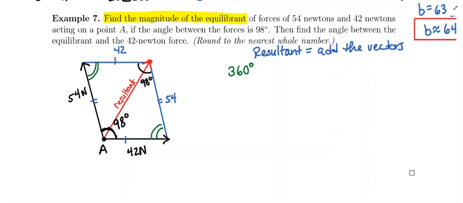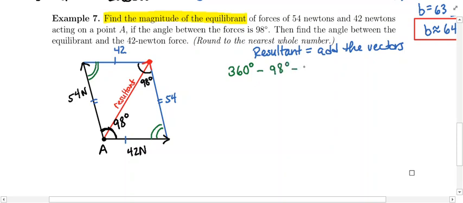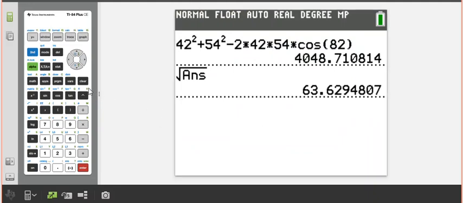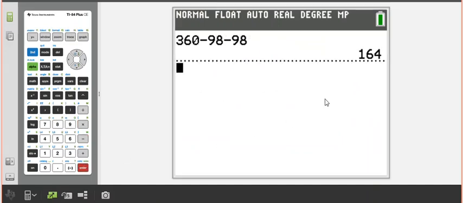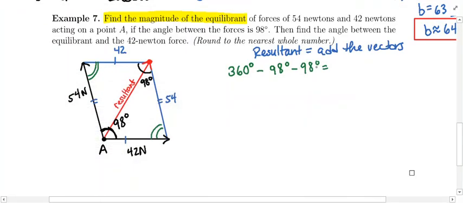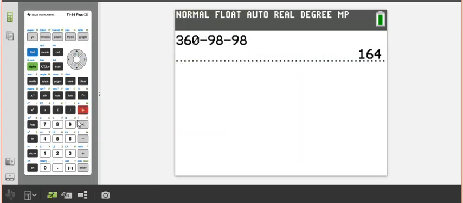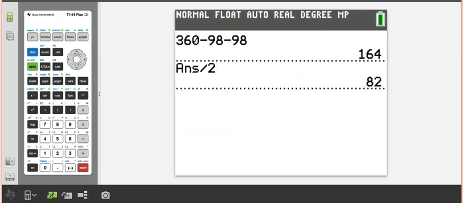So if we take 360 and subtract both 98-degree angles, we have 360 minus 98 minus 98. That's going to leave us with 164 degrees to split between the two remaining angles, and they have to be equal, so we need to divide by 2. And so each of these green angles is going to measure 82 degrees.